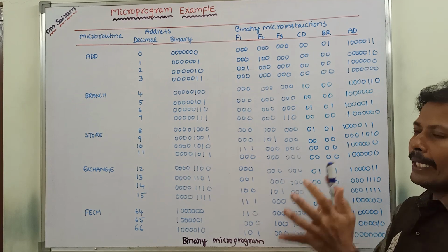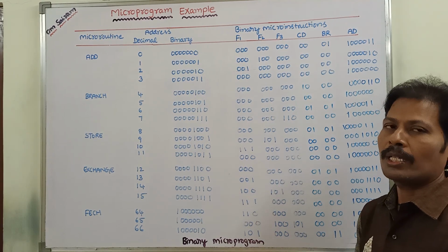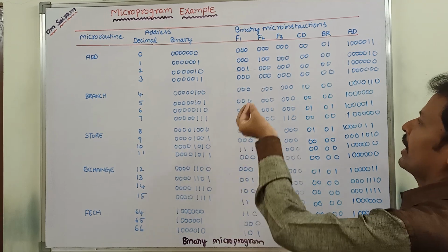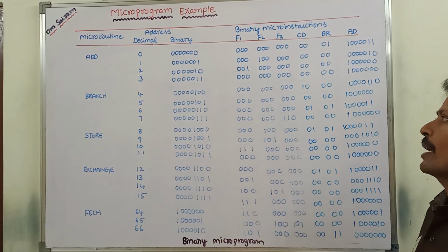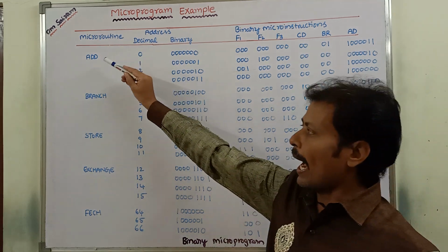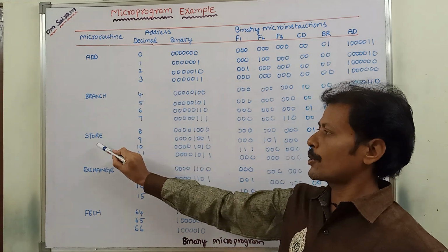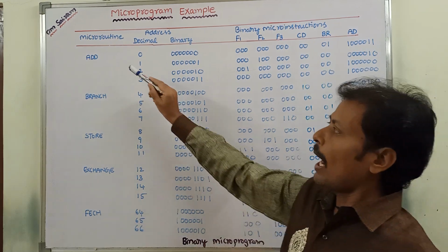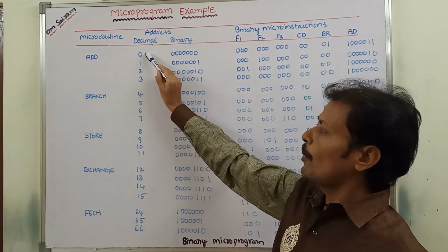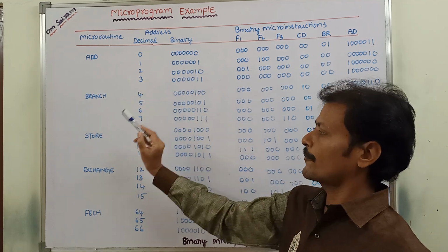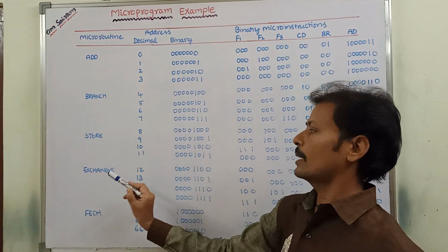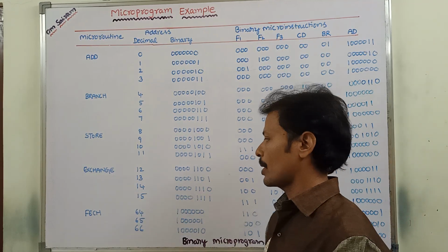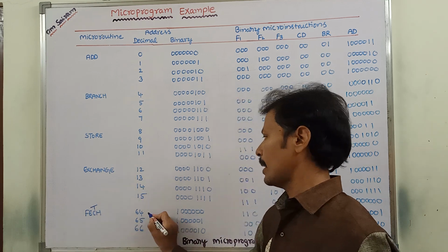Each micro instruction specified in the symbolic microprogram is converted into binary, for the add, branch, store, exchange, and fetch instructions. The add instruction starts at address 0, branch at address 4, store at address 8, exchange at address 12, and fetch at address 64.